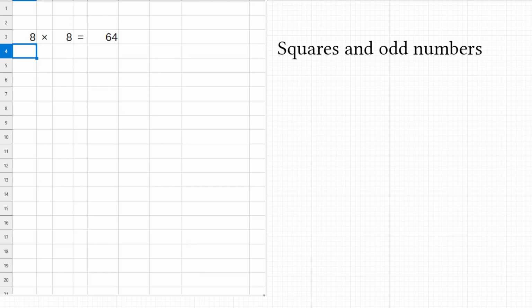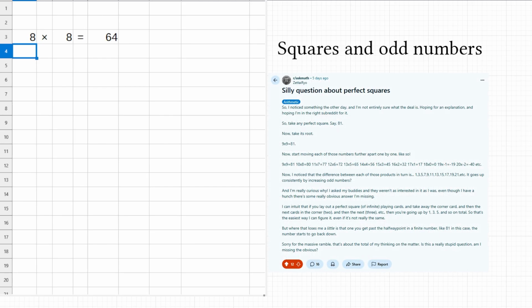This is inspired by a Reddit post on the Ask Math subreddit where a user noticed a connection between squares and odd numbers.